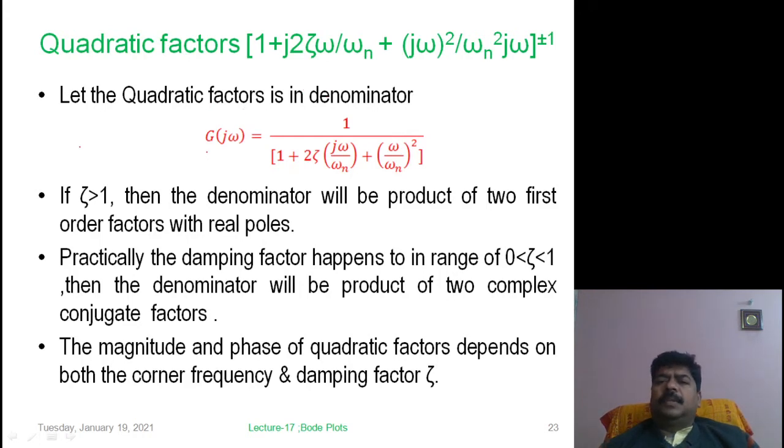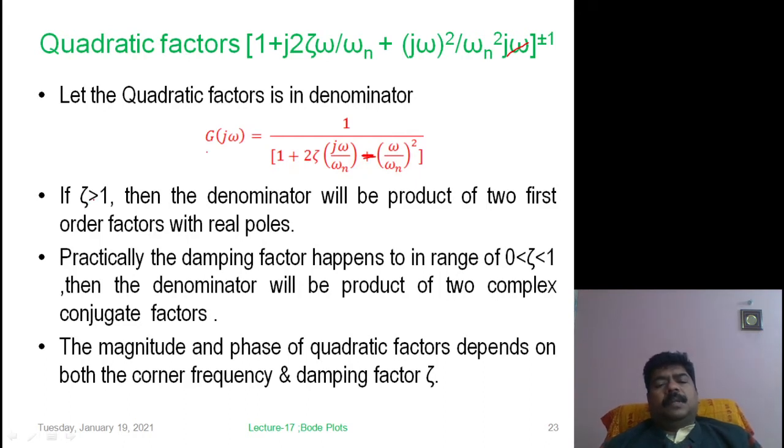So for this factor, basically this is not available, so you can simply write 1 upon 1 plus twice zeta j omega by omega n, plus, basically this will have a sign of minus, because j omega square, since j square will result in a minus sign, so you have to put here minus.